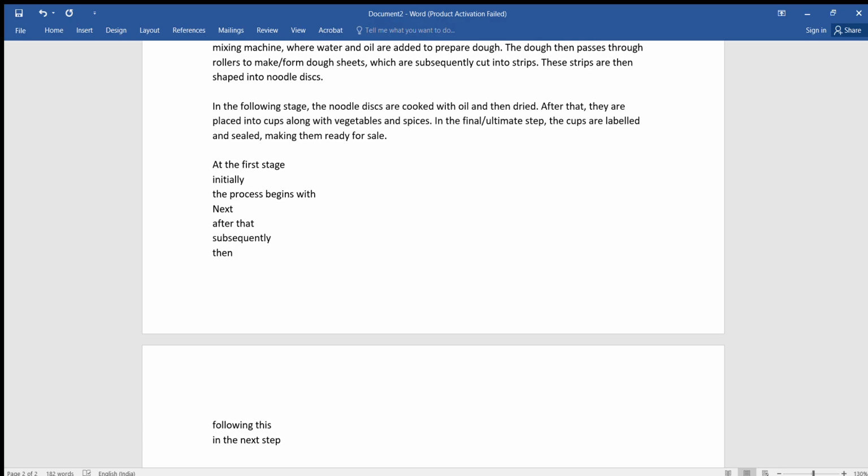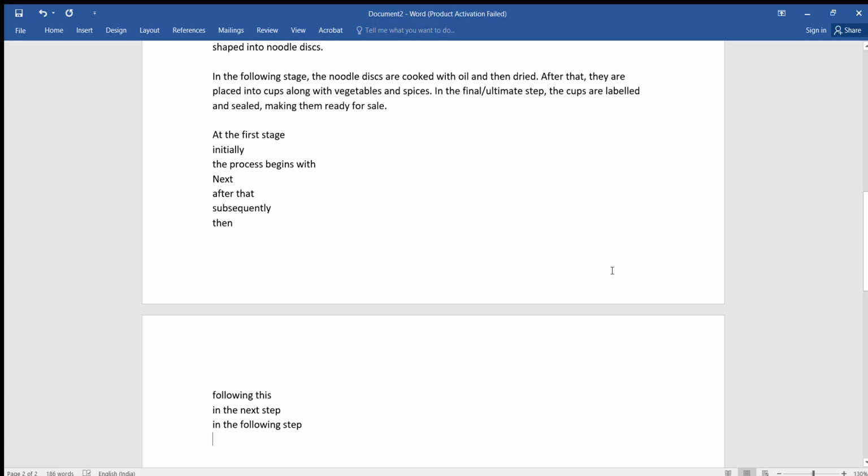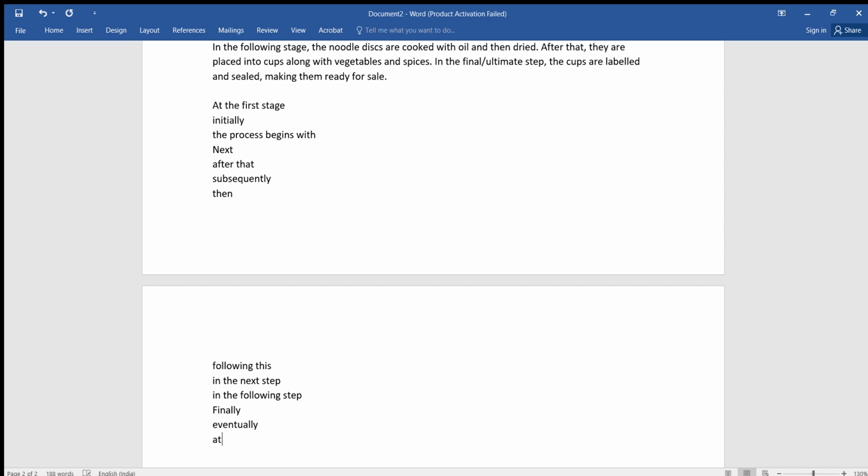Okay, what else? In the following stage, in the following step, following step, and for ending, like for the last step, you can say finally, eventually, at the final step, and the process ends with.